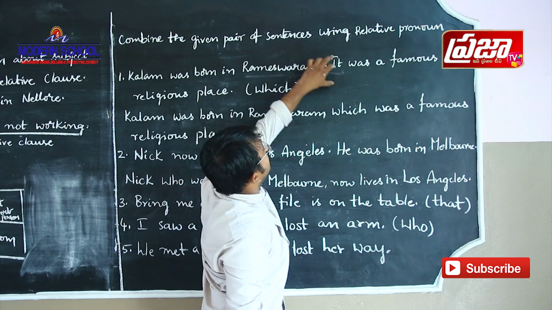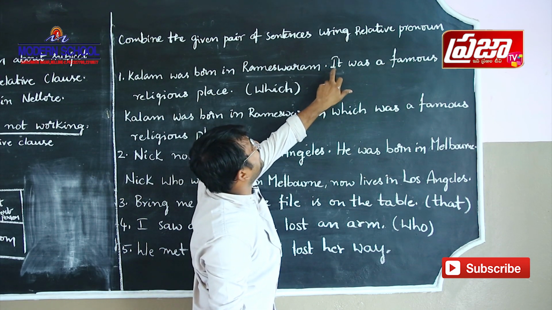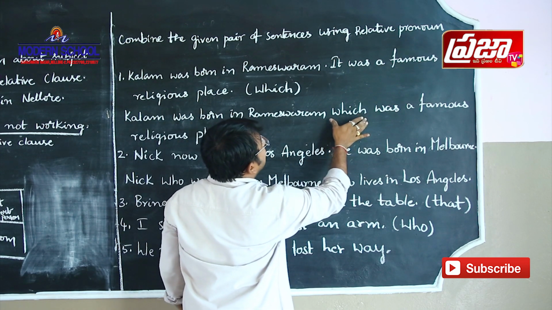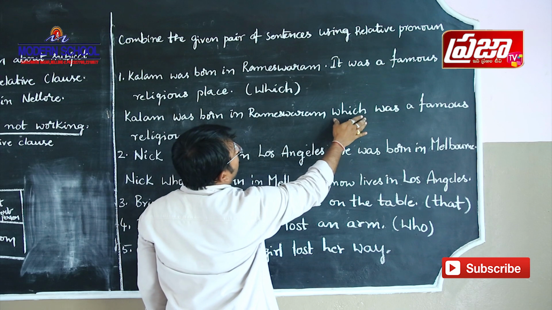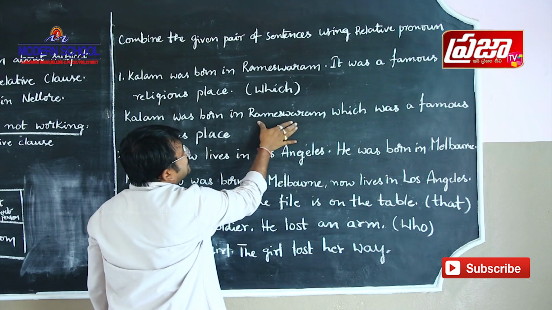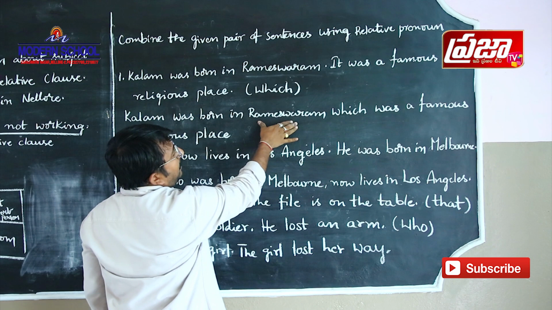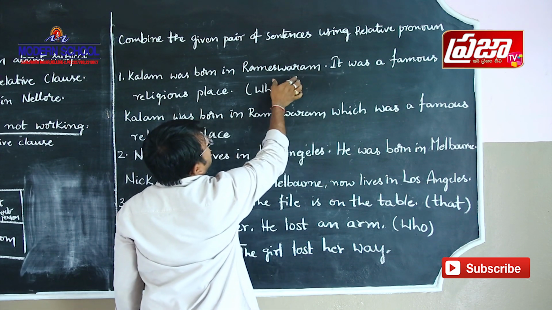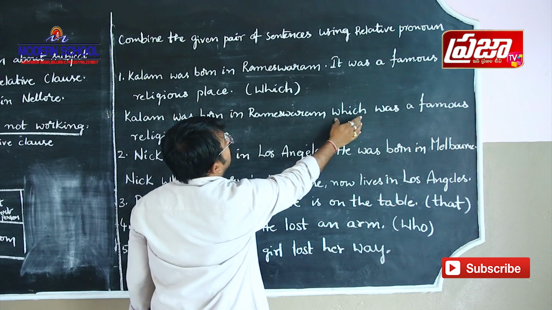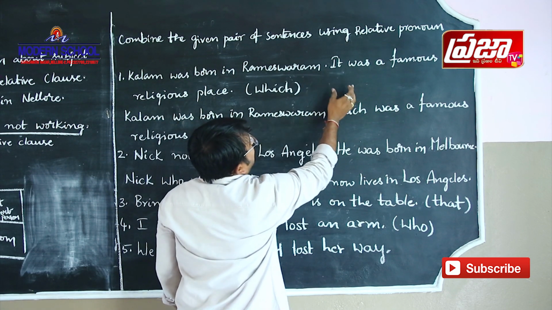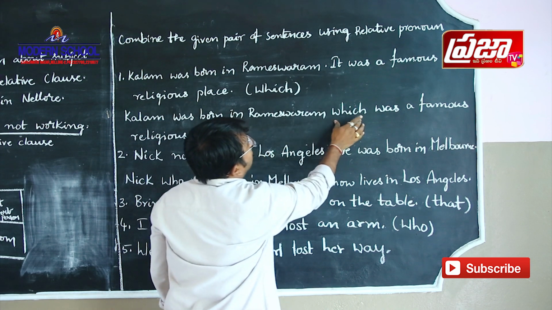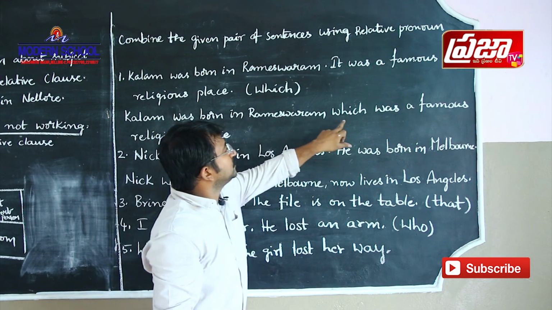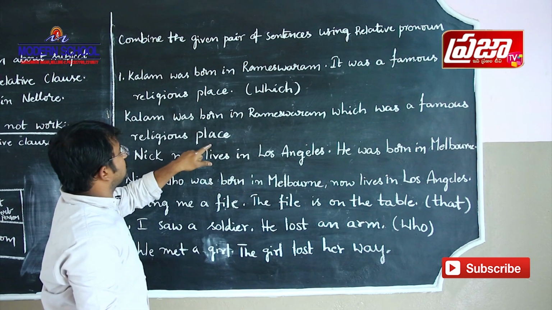Here we have to omit "it". We should not write it. Why? Because we already wrote a relative pronoun which refers to this noun. The same work the pronoun in the question does. So we have to skip it when we write the relative pronoun in the answer. So: Kalam was born in Rameswaram, which was a famous religious place.